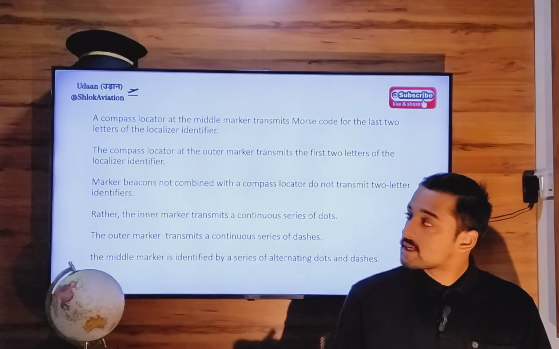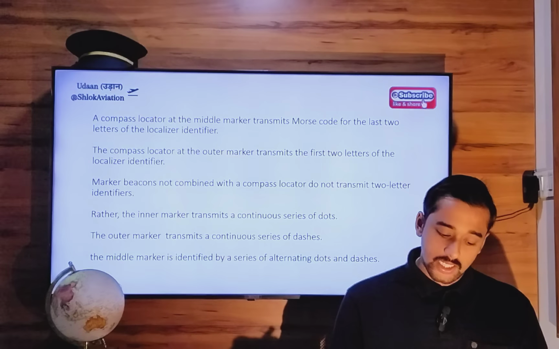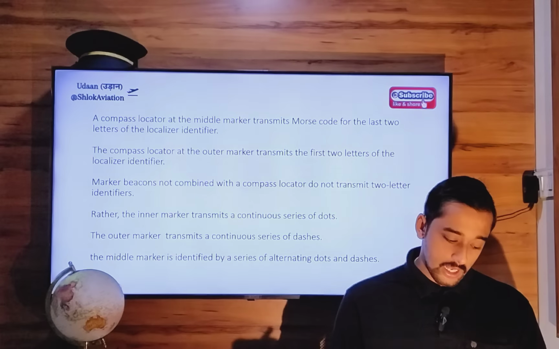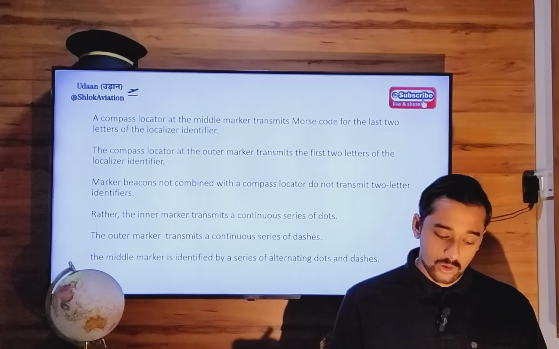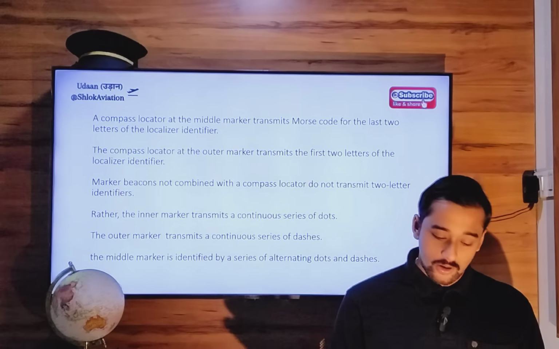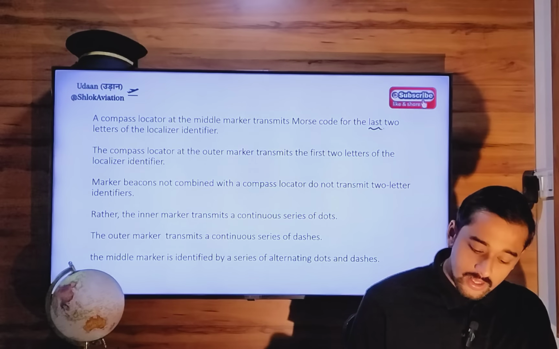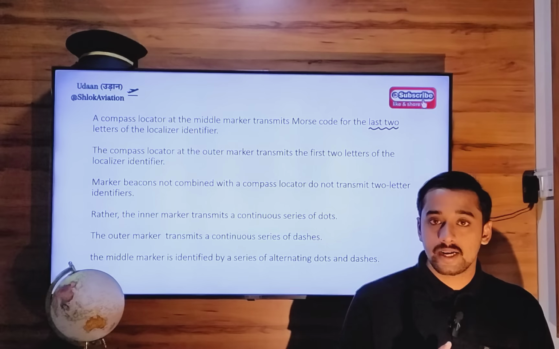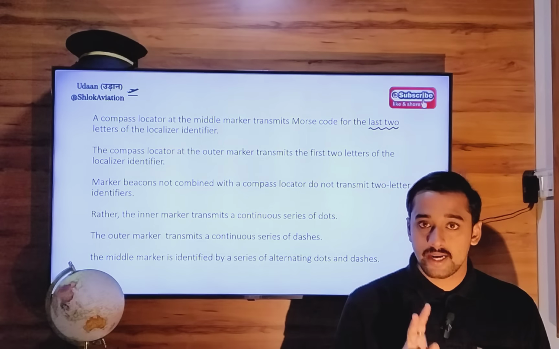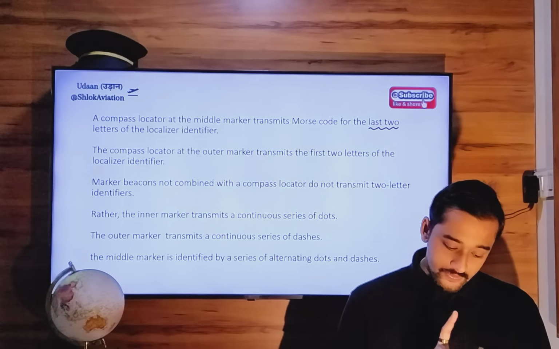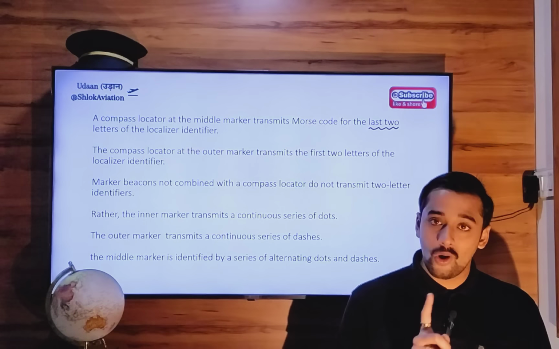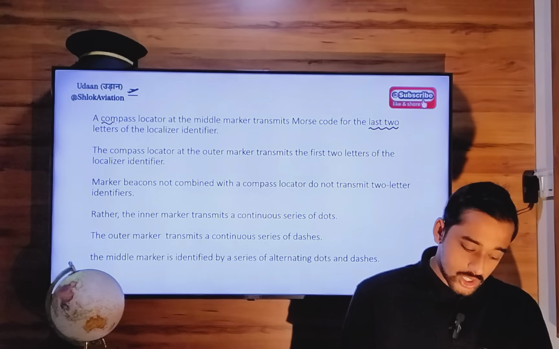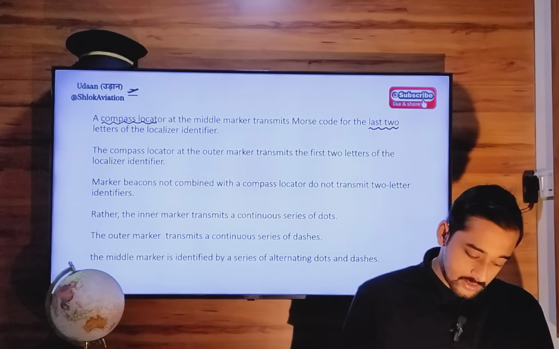A compass locator at the middle marker transmits Morse code for the last two letters of the localizer identifier. Okay, so whatever the identifier of the localizer is, the last two letters of that identifier will belong to the compass locator situated at the middle marker.